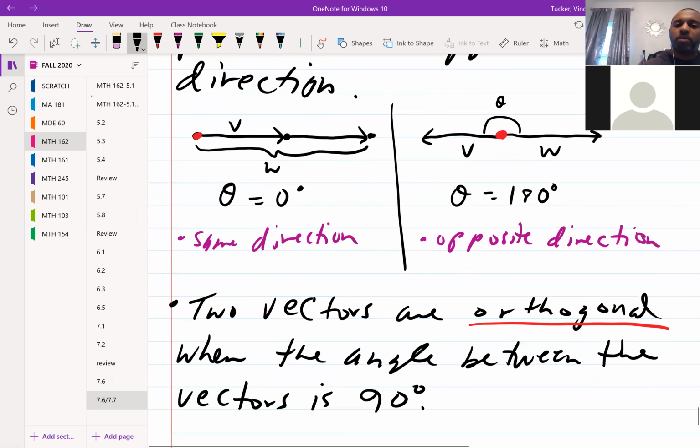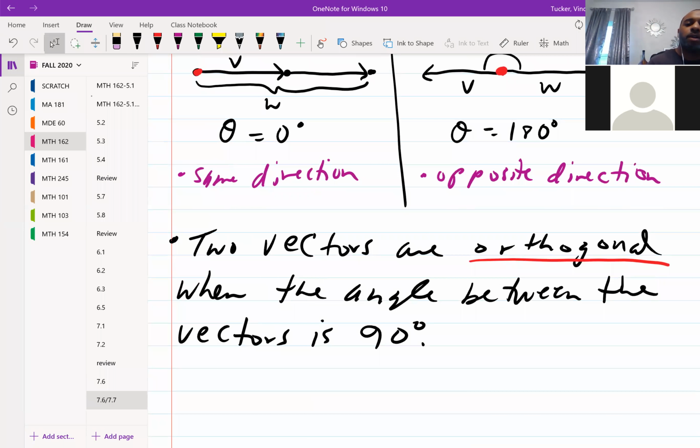All right, so two vectors are orthogonal when the angle between the vectors is 90 degrees.